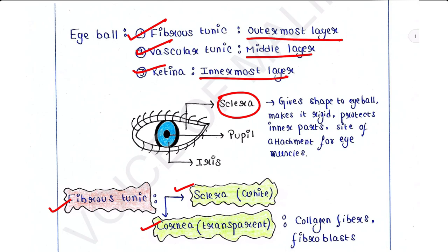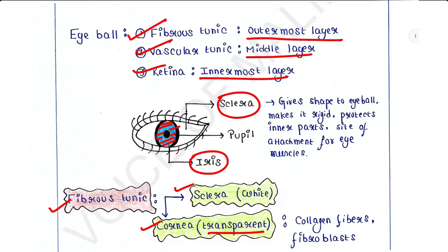Cornea is basically the transparent coating covering the colored iris. So above the iris it has a transparent coating called the cornea. That means the sclera covers the entire eyeball except the cornea.